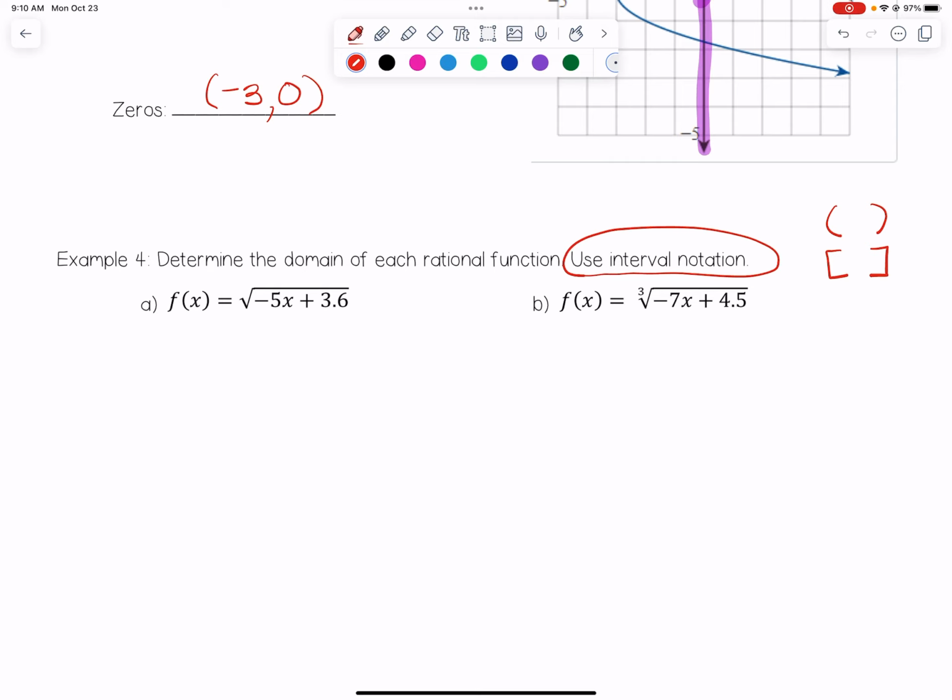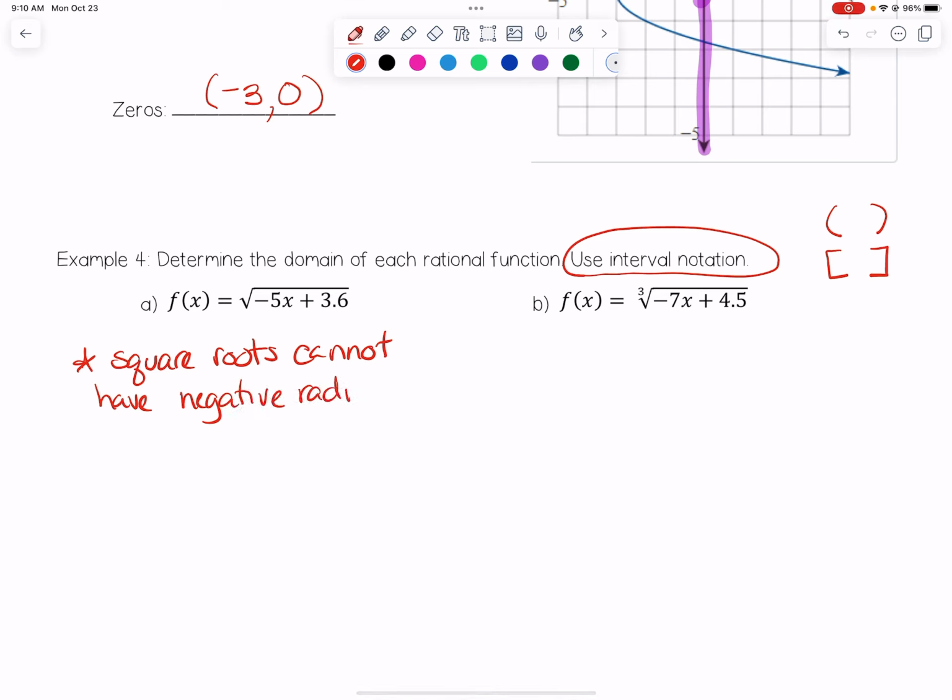So what you want to do is, when you're looking at a square root, okay, remember that square roots cannot have negative radicands, okay, which means the number underneath the radical. We can't have negative radicands, so that means we have to set the radicand to be anything greater than or equal to 0, okay?